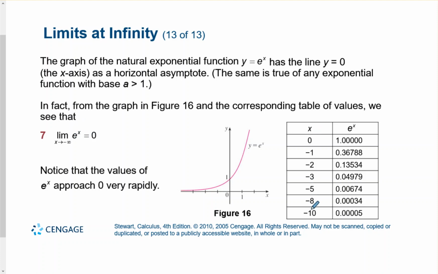It approaches 0 very rapidly if you start plugging in values going to the left towards negative infinity. You'll notice it gets very, very close to 0 at negative 10, and it'll keep getting closer to 0 as you go farther out towards negative infinity.